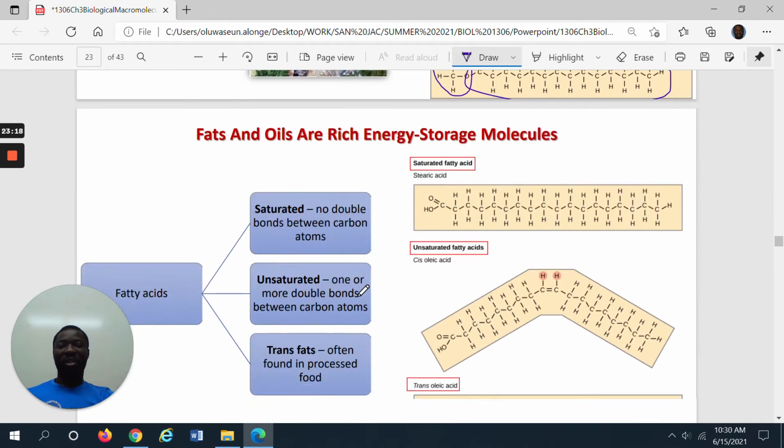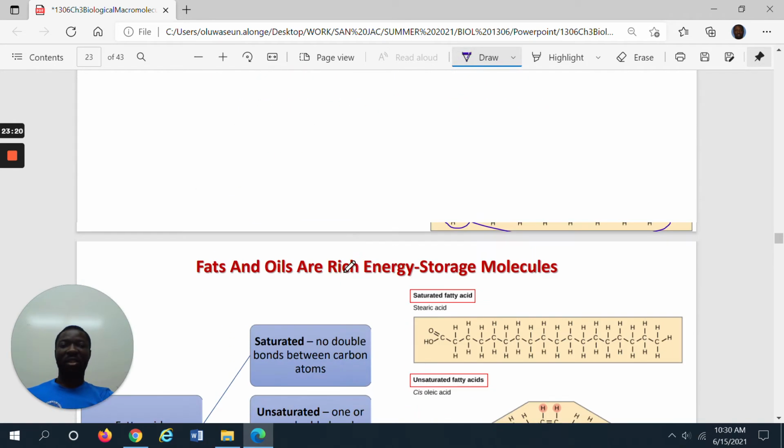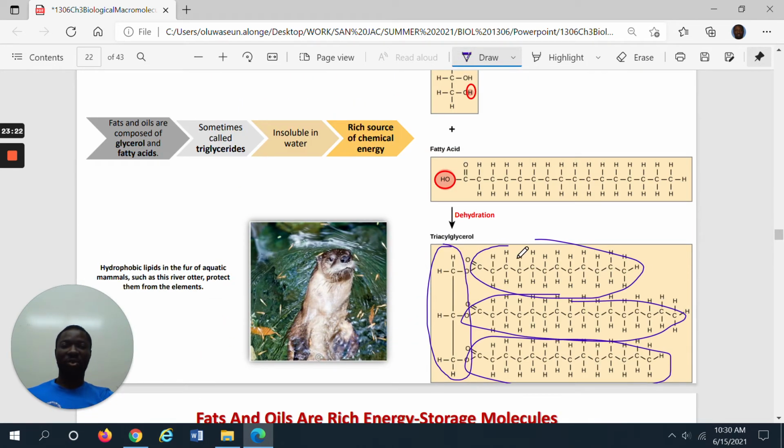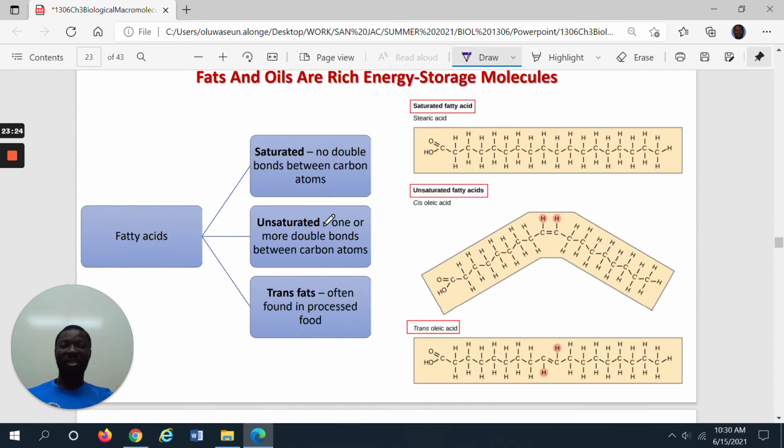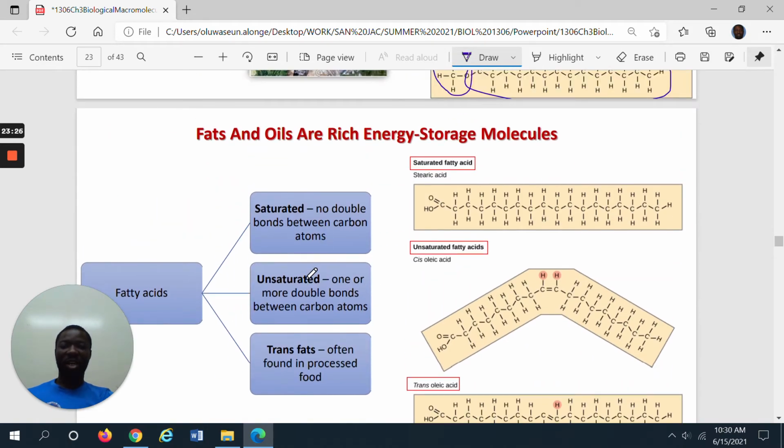Now, fatty acids that are joined to the glycerol can either be saturated, they can be unsaturated, and they can be trans fats. What do we mean by saturated or unsaturated? It is simple, like you can see here. This is stearic acid and this is cis-oleic acid. What is the difference between this and this?